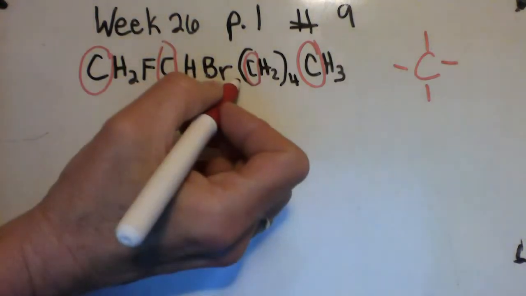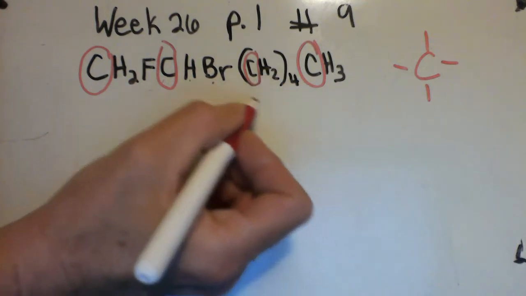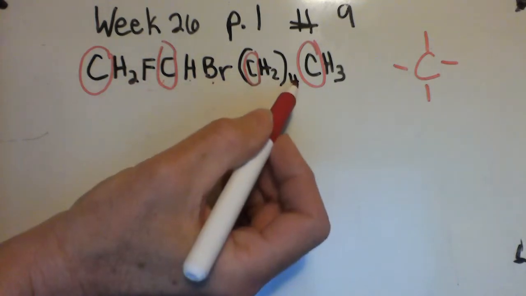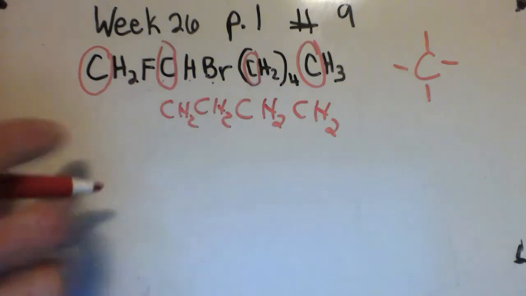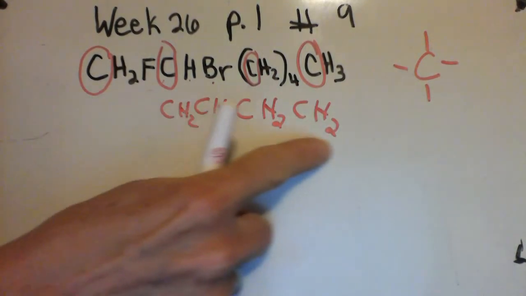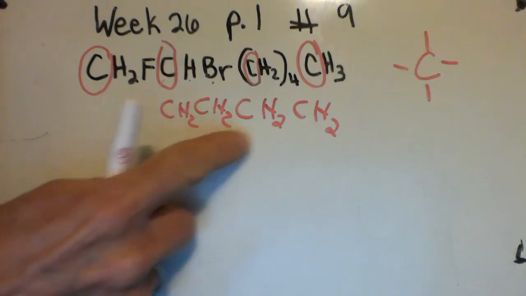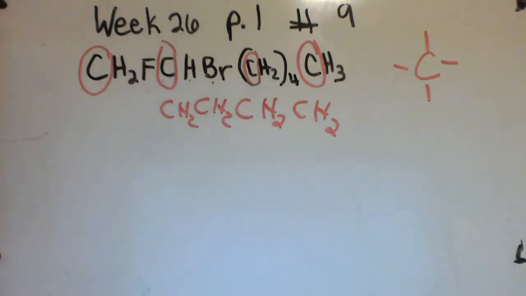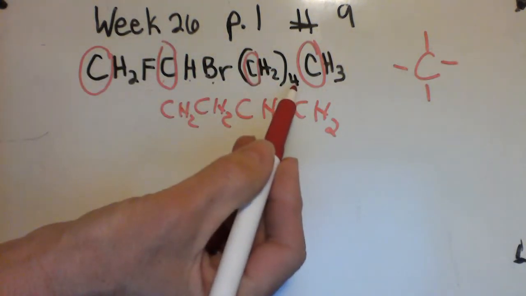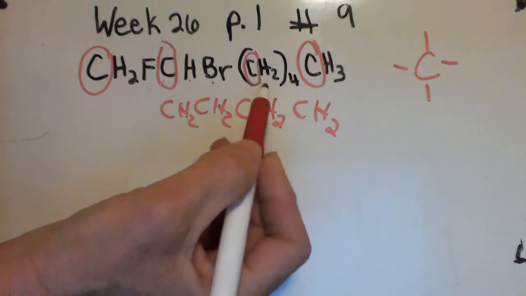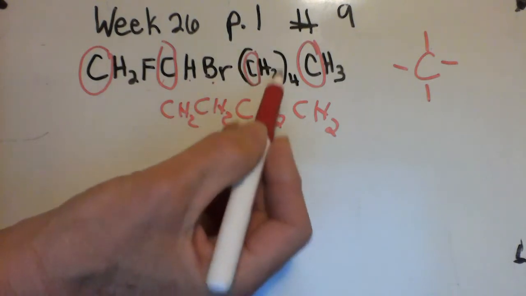Now this little configuration here is a bit confusing, but it's basically telling you that there are 4 sets of CH2. It could be written out in this way, CH2, CH2, CH2, CH2, but since it's a condensed structural formula, we put CH2 with a subscript of 4 outside of the parentheses to show that there are 4 of this particular part.